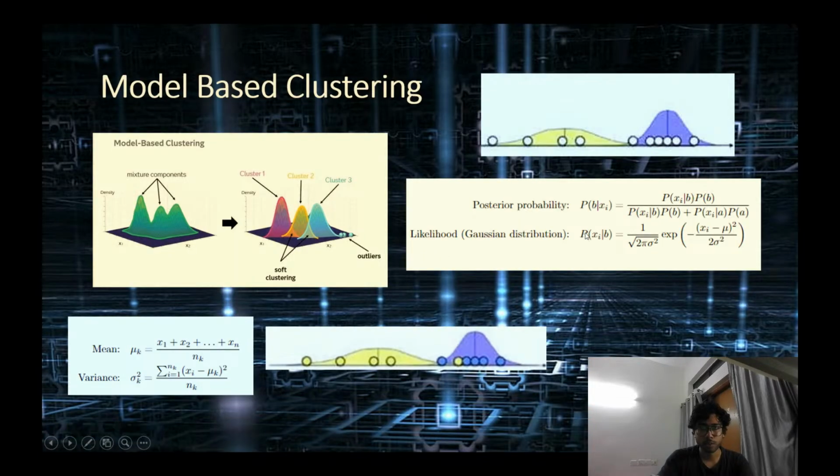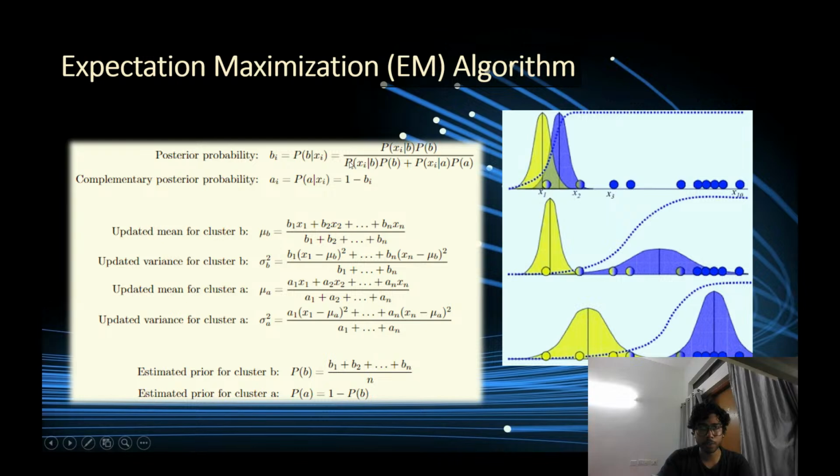Okay. So initially, you could be given some likelihood. So P of xi comma b would be given. You would be given some likelihood, and based on that, you could be asked to calculate the posterior probability, or from the posterior probability you could be asked to calculate the updated mean of the cluster in the next iteration.